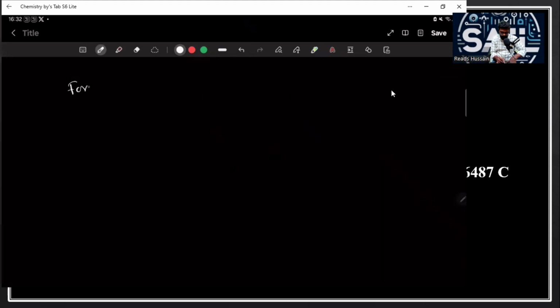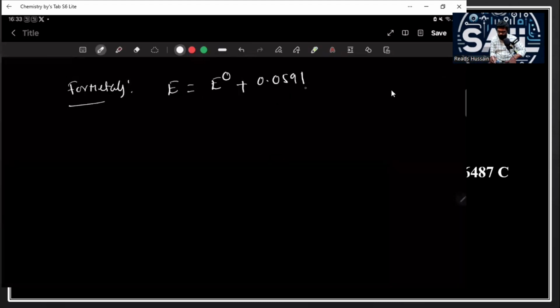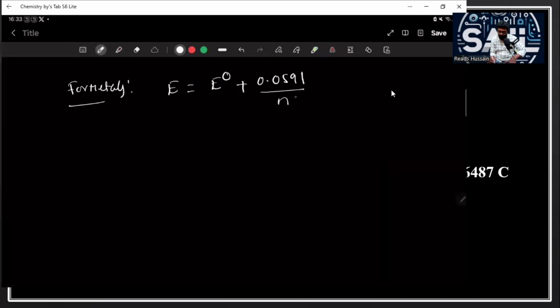For metals, electrode potential is equal to standard electrode potential plus 0.0591, if you want you can write it, otherwise no need, by n log C.